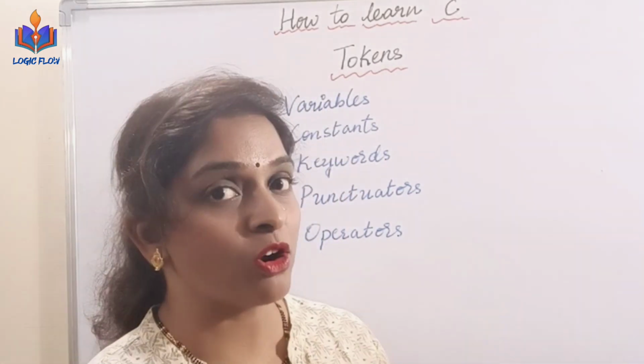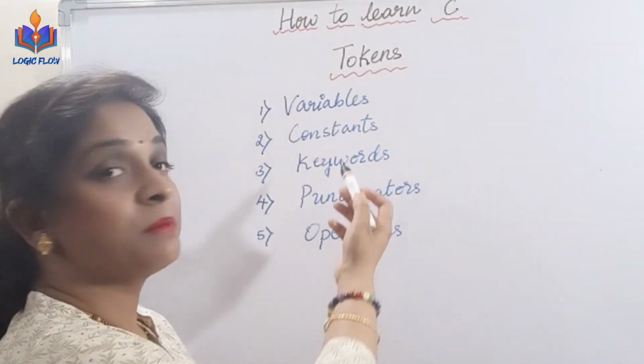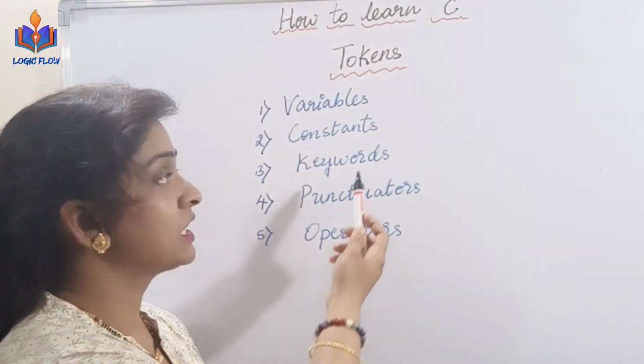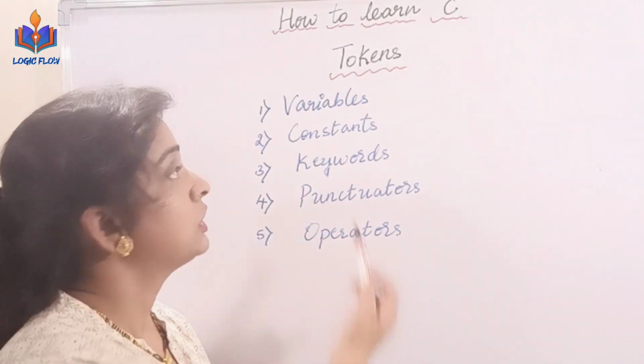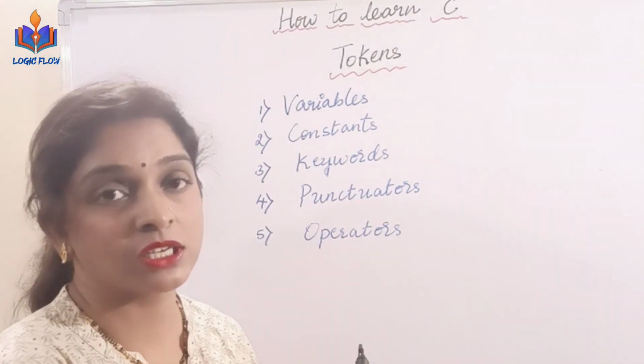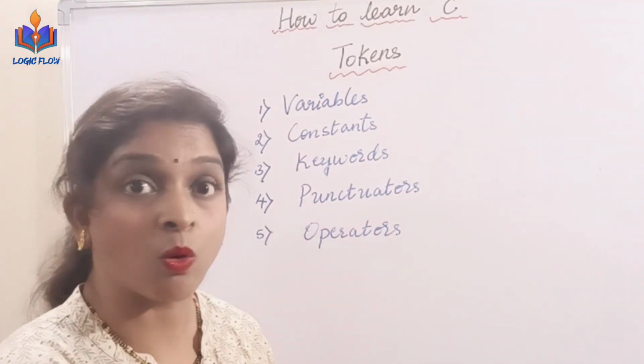We have variables, constants, keywords, punctuators and operators. Let us talk about these tokens one by one. We also have to talk about this in detail.